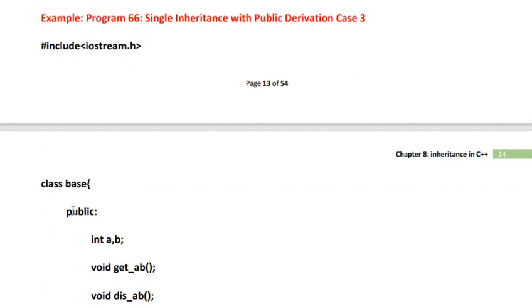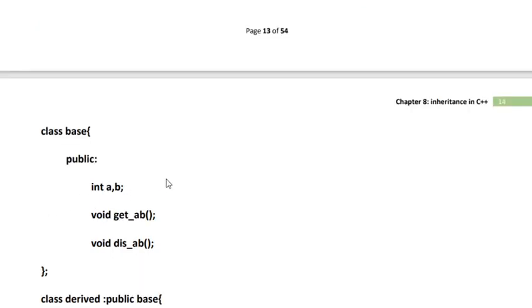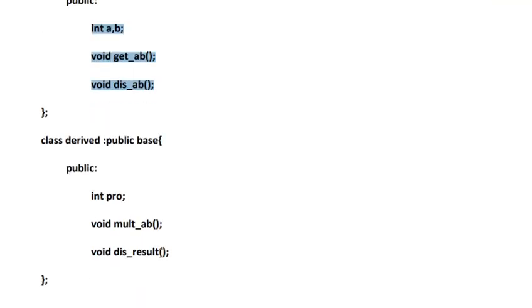Now in the third instance, I made a modification to the same program wherein all the members of the base class are placed in the public section. The data members as well as the member functions are placed in the public section, as well as all the members of the derived class. In the previous example, pro, one of the data members of the derived class, was placed in the private section of the class.